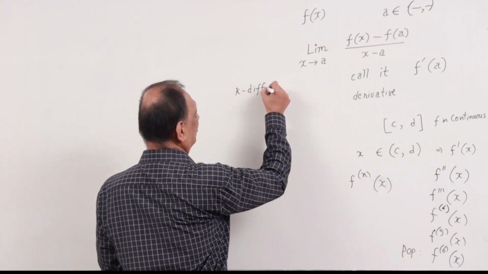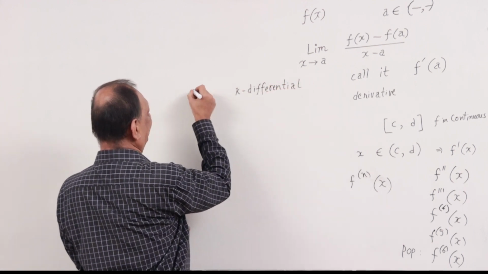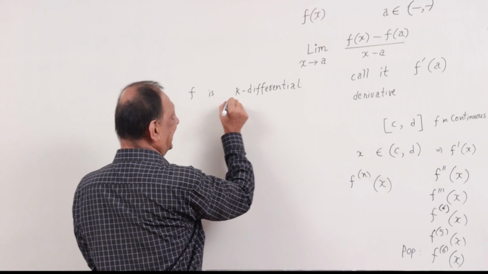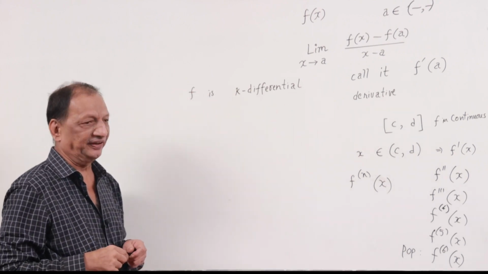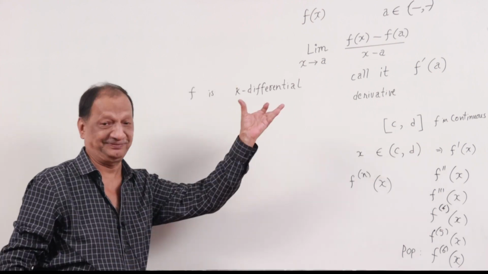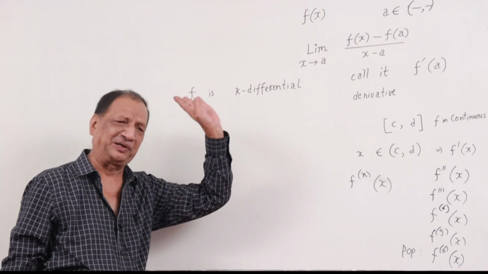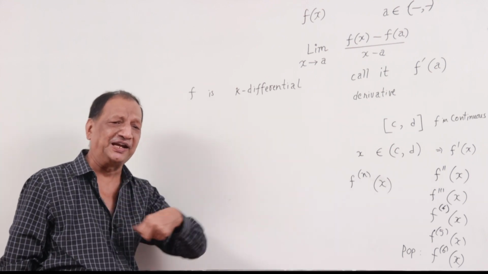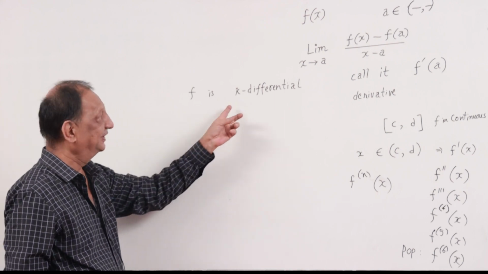Now put a number for it. We say a function f is k-times differentiable if you can differentiate it k times, up to the kth order. And a polynomial function is infinitely differentiable. You can differentiate it any number of times, it is valid. So it is infinitely differentiable.